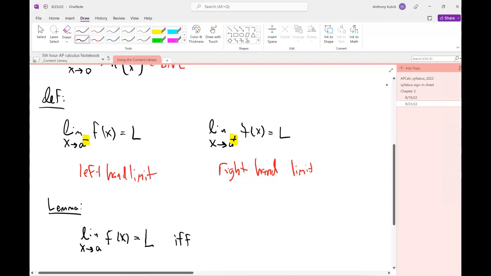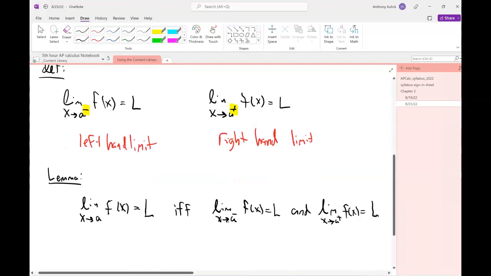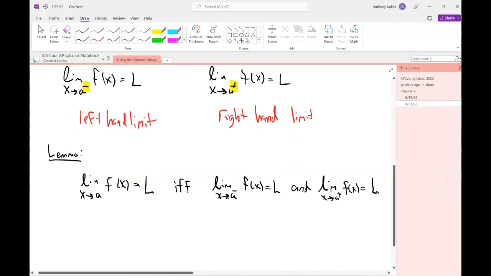if and only if the limit as x approaches a from the left of f(x) equals L, and the limit as x approaches a from the right of f(x) is also equal to L. What that's saying is that if a limit exists, then the right-hand limit and the left-hand limit have to match.